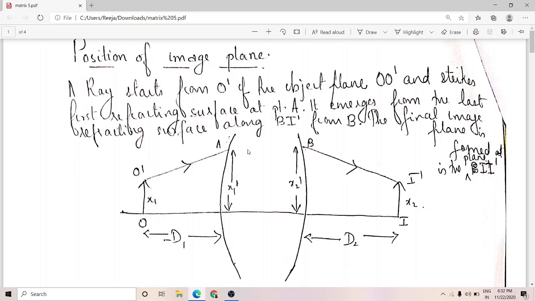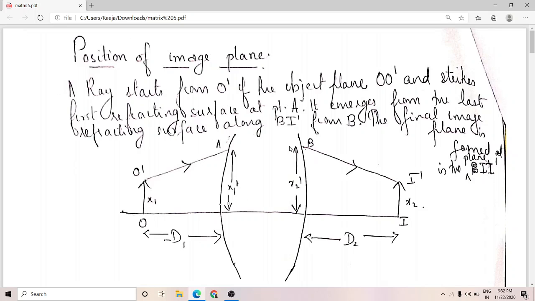It undergoes a series of refractions and translations, and finally, it undergoes one more refraction at B and emerges out, and the image is obtained at I. So I dash forms the image plane and O dash forms the object plane.